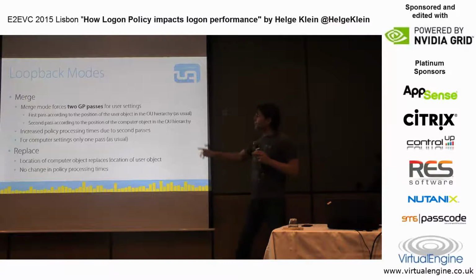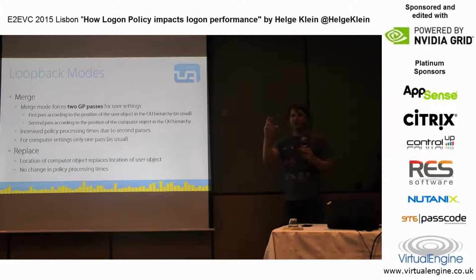There's also merge mode, and in merge mode we get 2 passes in which GPOs are evaluated. In the first pass, the user settings are taken from the location of the user object. And then, after all that is done, we get a second pass where the user settings are evaluated and taken from the location of the computer object.